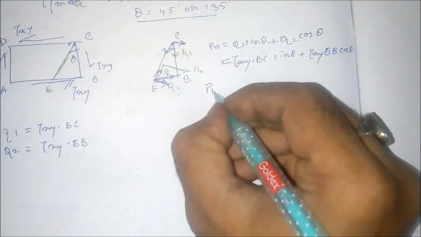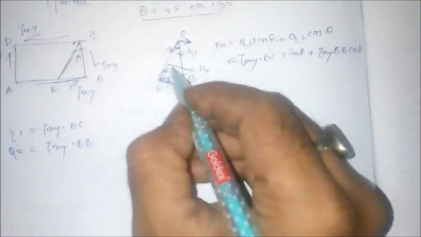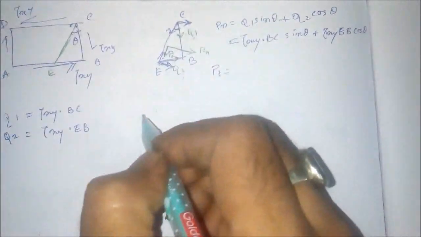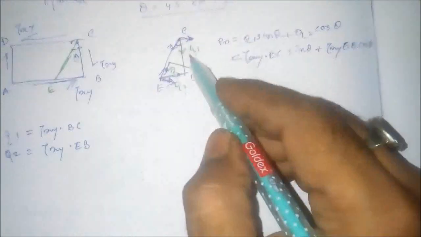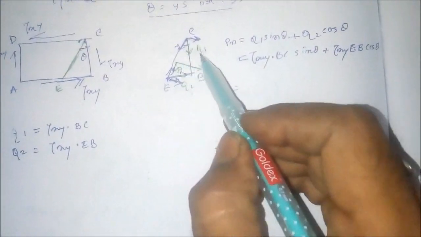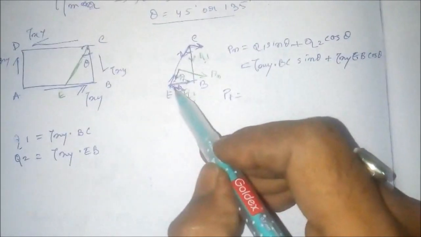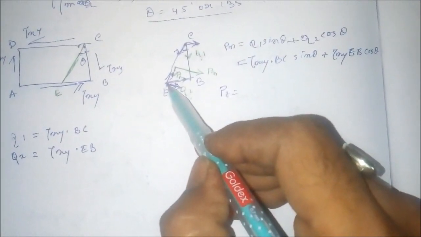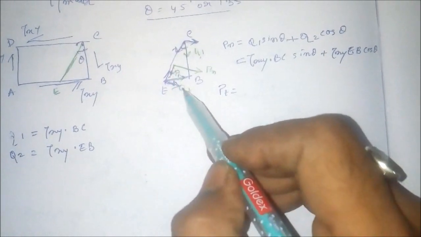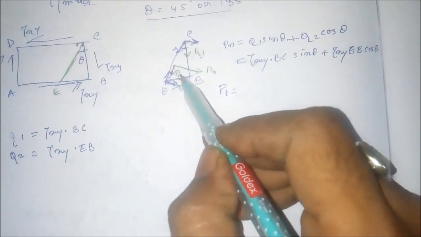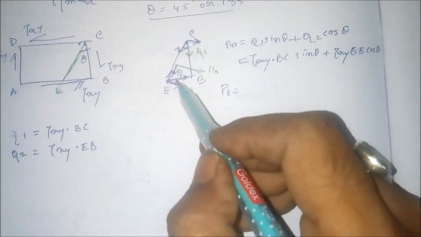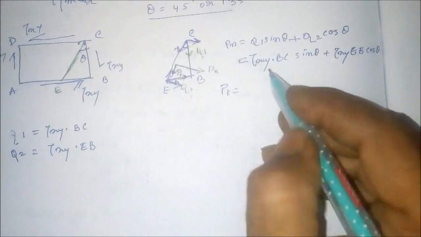Again, the value of Pt, the tangential force we are considering in this direction, will be equal to the component of Q1 minus the component of Q2, because this is in a different direction.